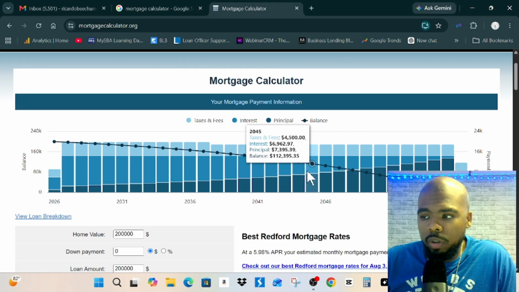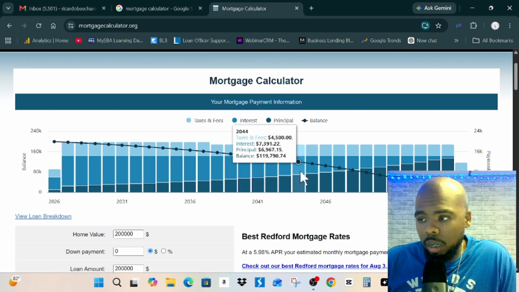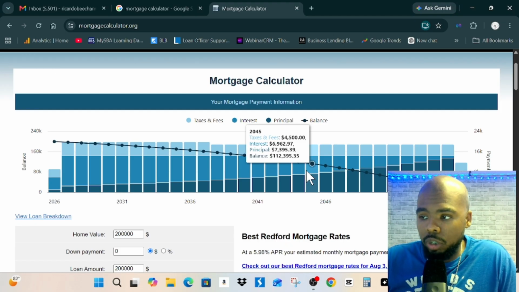Right here in 2045, you see it's a flip. In 2044, you see a principal of 69.67 going towards the principal and 73.91 towards interest. But in 2045, it flips. Once again, it's almost 20 years when it starts to flip.